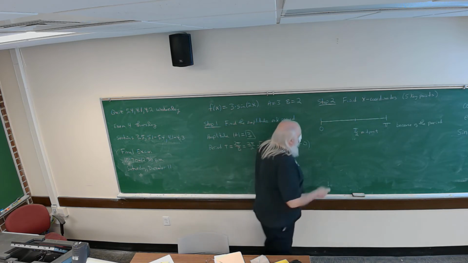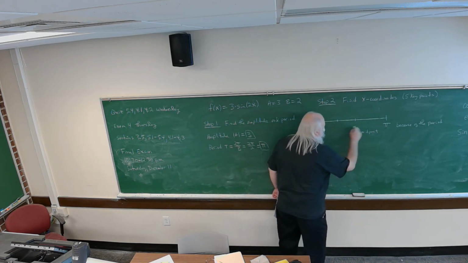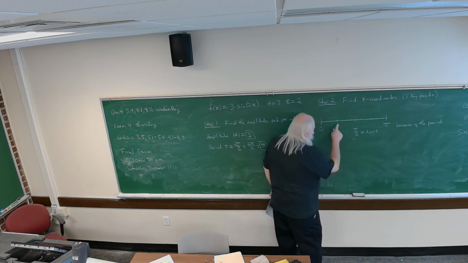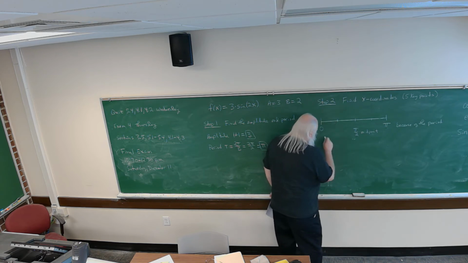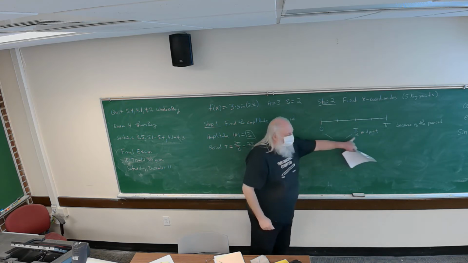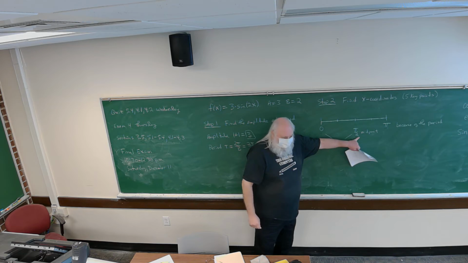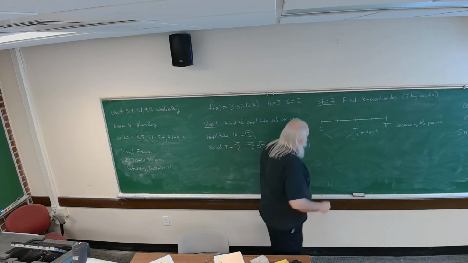Then to find the remaining 2 x coordinates, we take the midpoint between 0 and pi over 2 to get this x coordinate. Well, the midpoint between 0 and pi over 2 is just 1/2 of pi over 2, which is pi over 4.